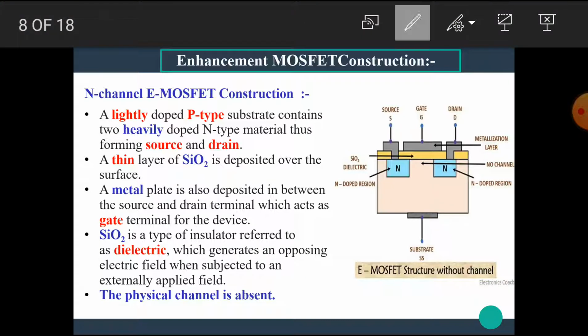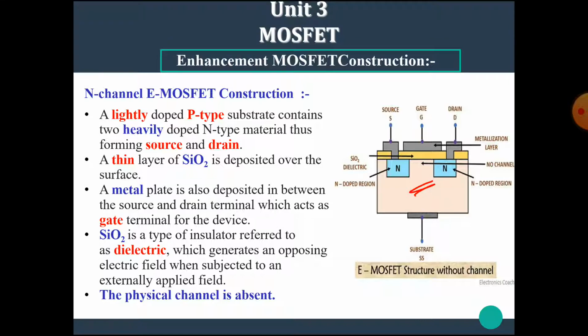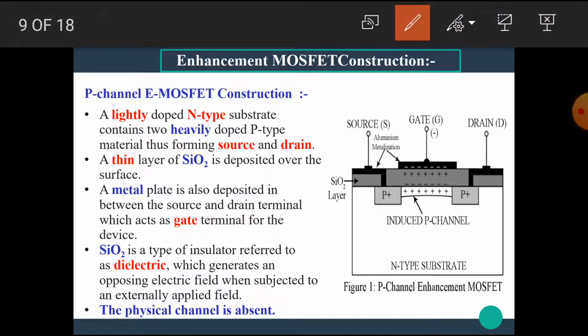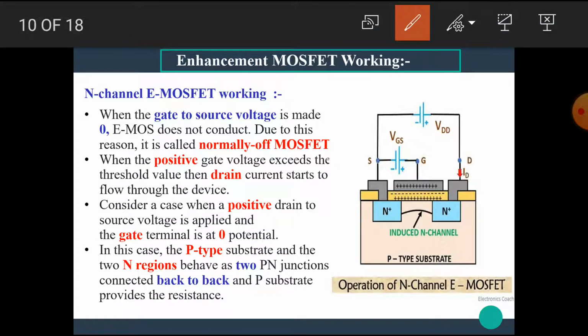I hope you all understand the basic difference between the construction of the depletion type MOSFET and the enhancement type MOSFET. Similarly, we can see the construction of the P channel E MOSFET, in which the physical channel is also absent. Now let's see the working of the N channel E MOSFET.